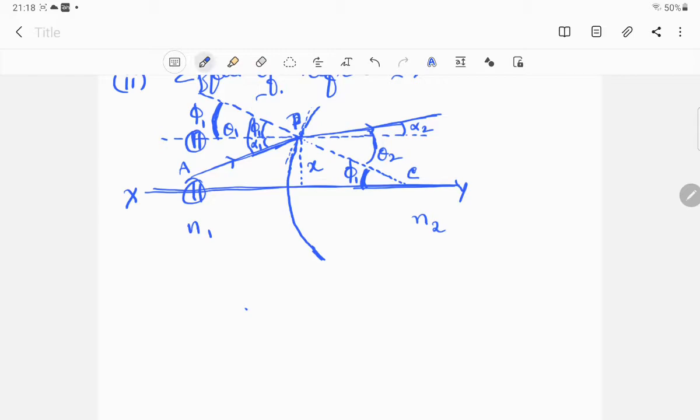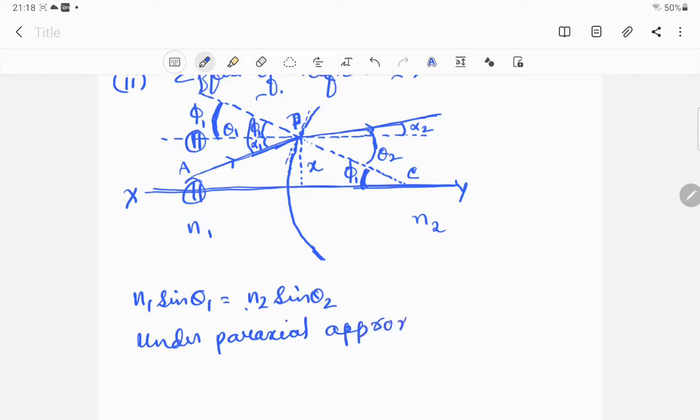Now we will move into the geometry of that part. Since we have got n1 sine theta 1 is equal to n2 sine theta 2, under paraxial approximation, theta is very small.